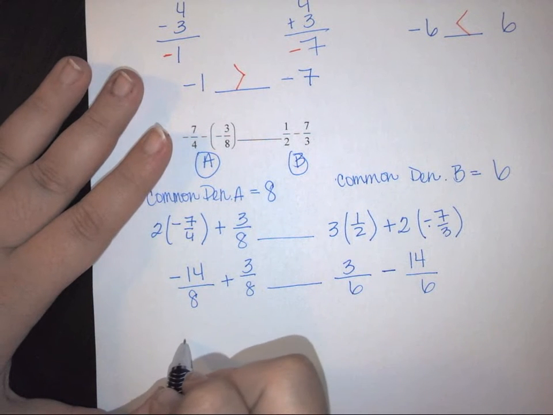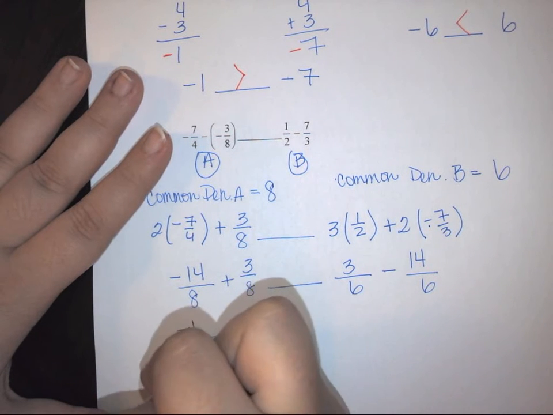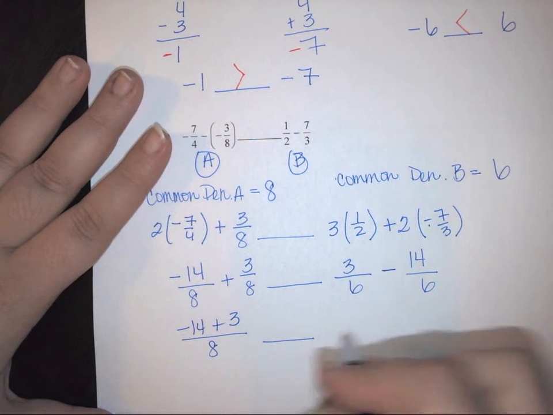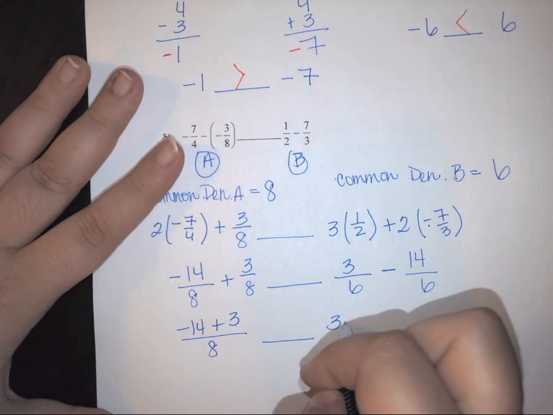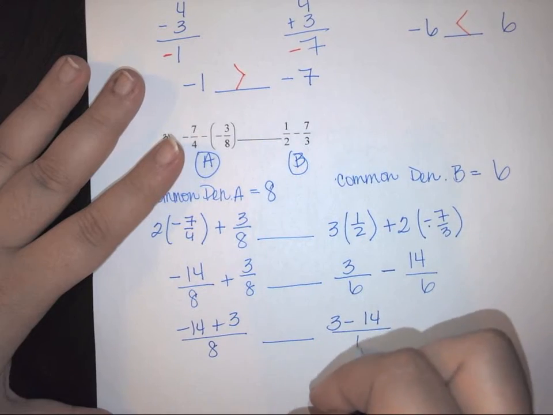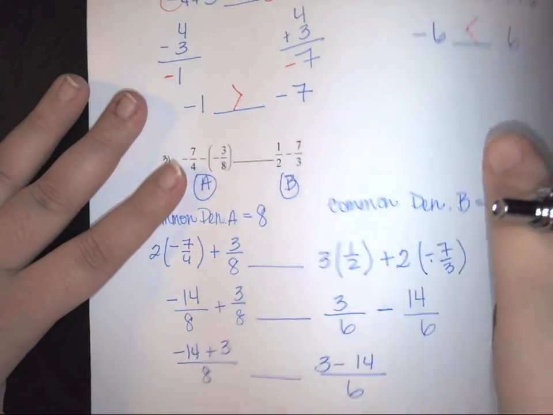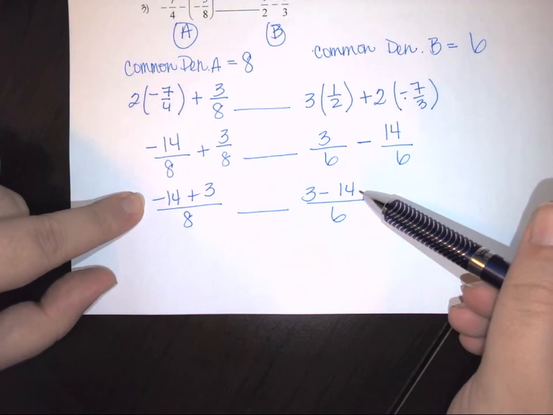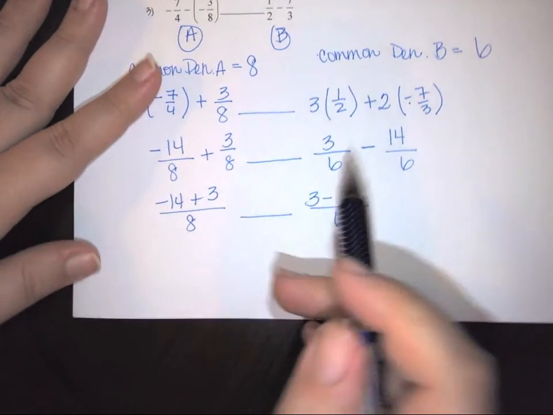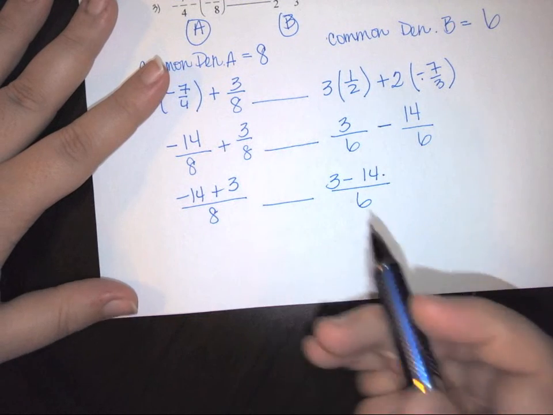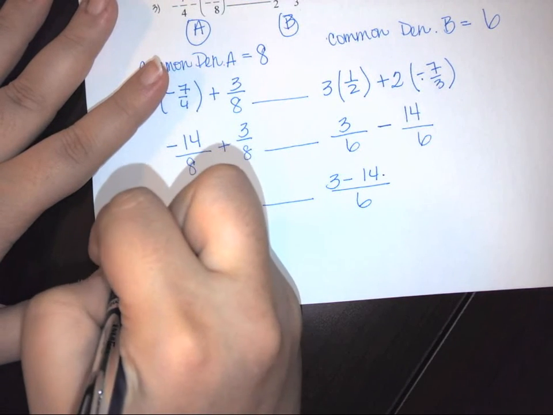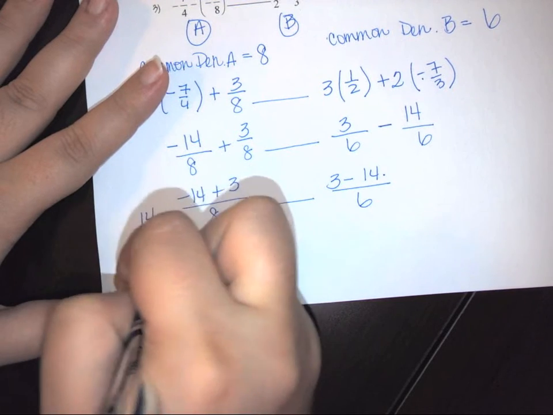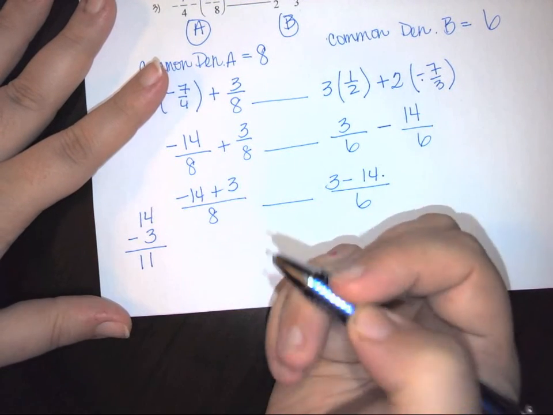So first things first, I have negative 14 plus 3 over 8. And then I have 3 minus 14 over 6. So in both of these cases, I'm actually going to come out with the same answer. So if you look at it here, I would have 14 minus 3, which gives me 11.